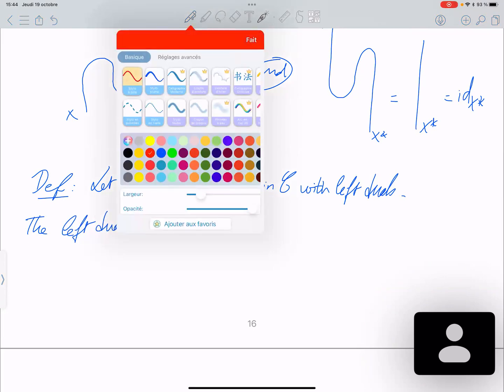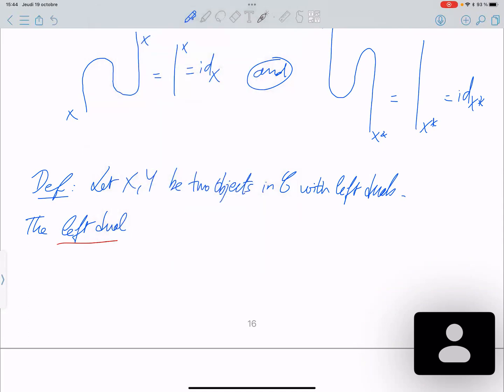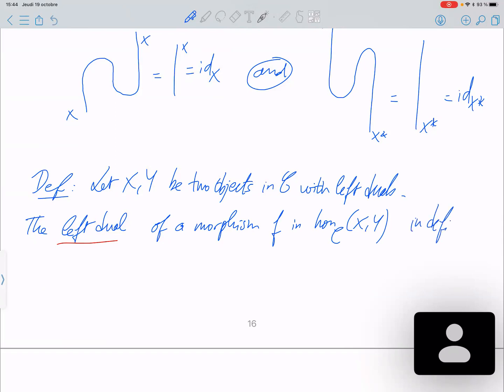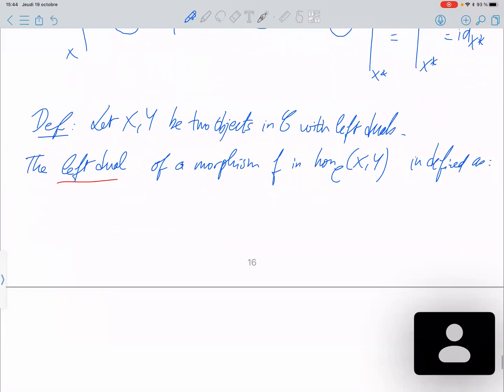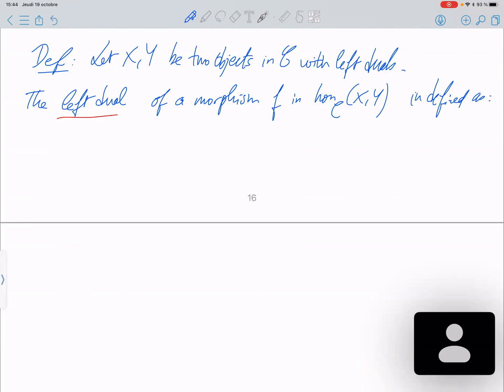The left dual of a morphism f in the Hom set between X and Y is defined as follows.